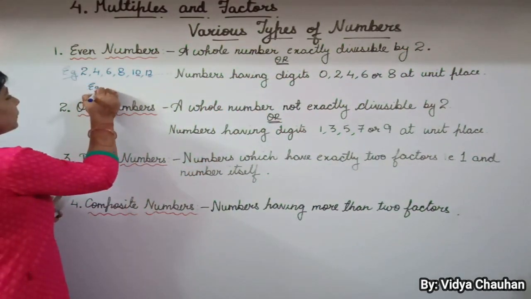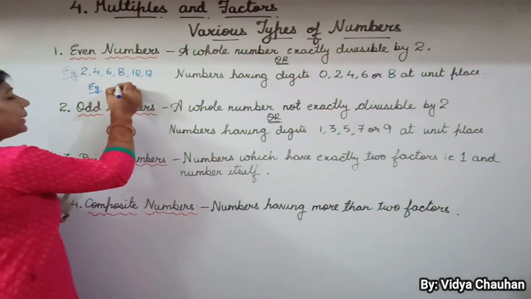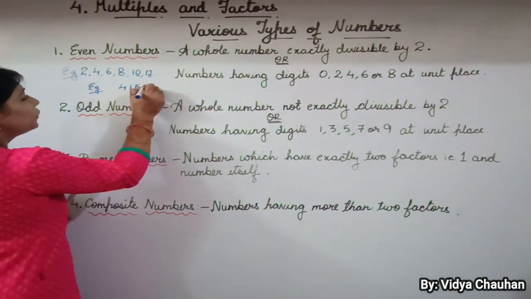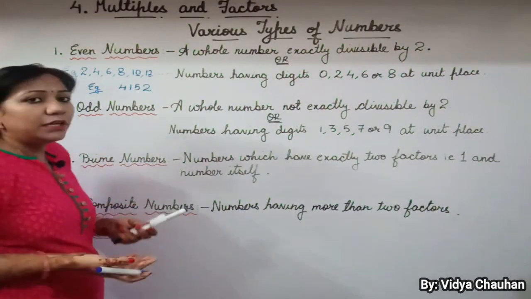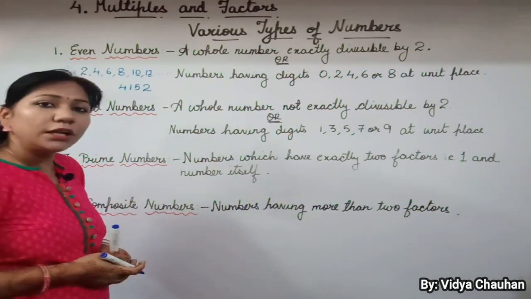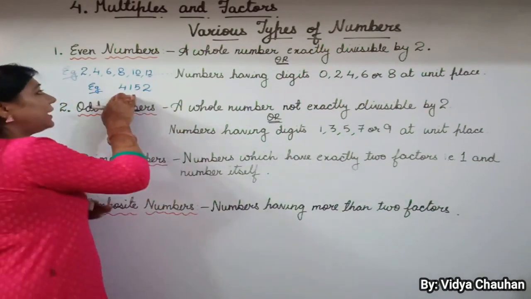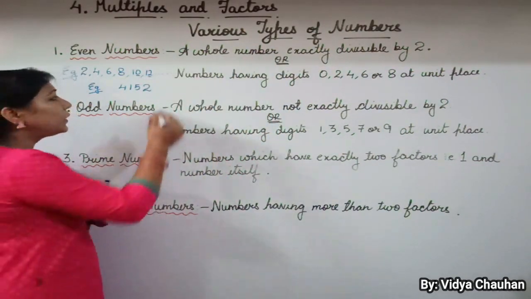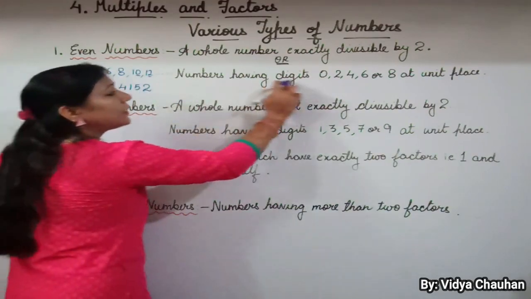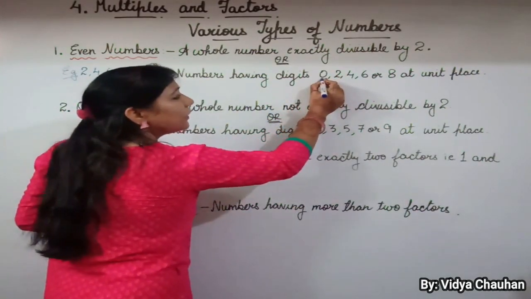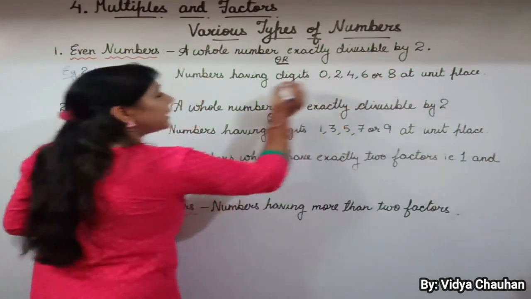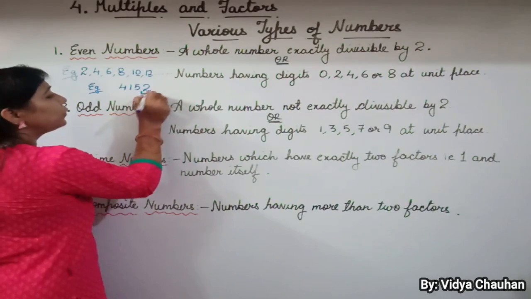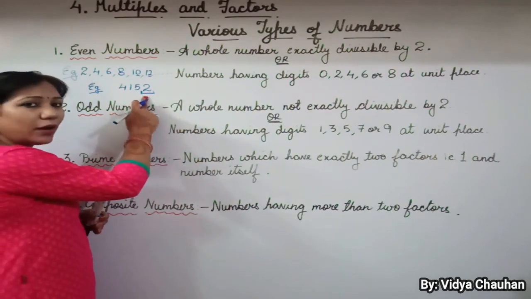Now suppose a very big number, a number with 4 digits, is given to you like this, and you are asked to find out whether it is an even number or an odd number. Instead of dividing this number by 2, you can directly use the second criteria: if you have 0, 2, 4, 6, 8 at the unit place, then the number is divisible by 2, which means it is an even number.